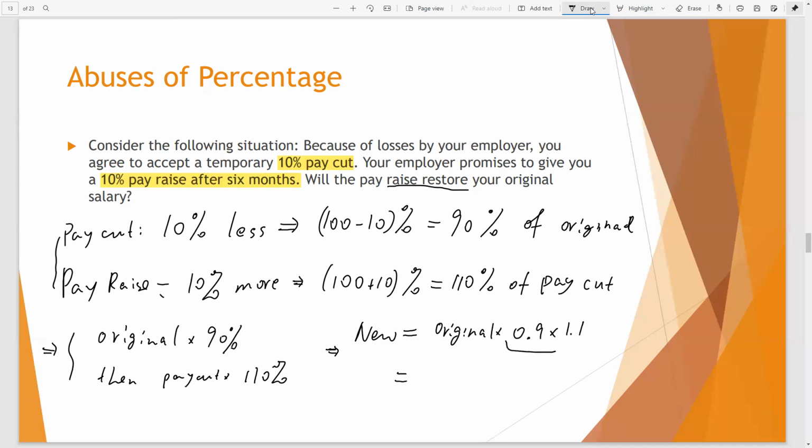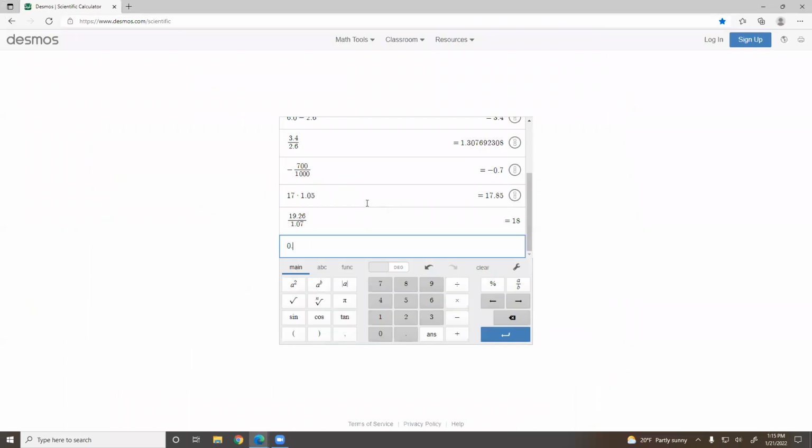So the question is, does this add or multiply to 1? If below, then your salary is actually below. So use a calculator: 0.9 times 1.1 is 0.99.